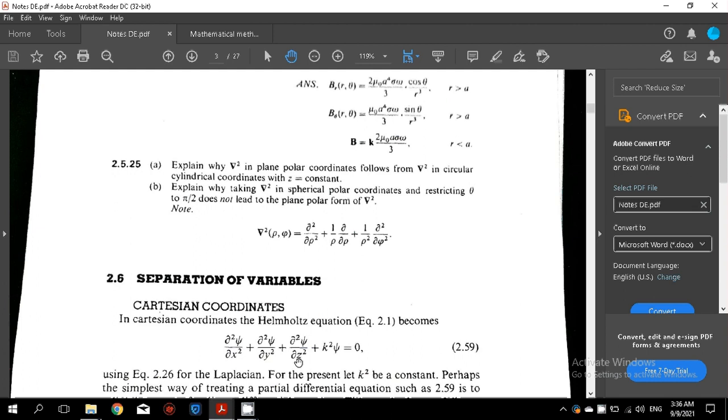I will present the separation of variables using the polar coordinates, although over here you can see the separation in Cartesian coordinates, in cylindrical coordinates, and in polar coordinates. So let me jump to the separation of variables with respect to the polar coordinates.